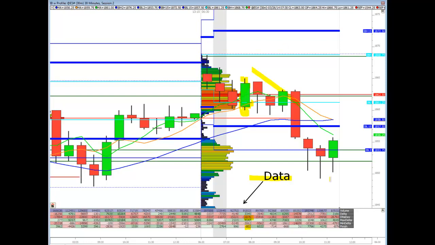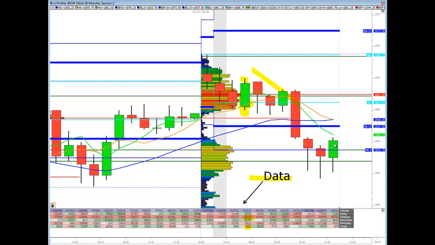Prices continue to drop. Now, let's take a look at the data for the next bull trap on our chart here and see what happens there. Here, if we were to take a look at this particular candle and notice the data, first of all, the volume is significantly lower. Usually volume begins to increase if we're going to get a breakout in that direction.